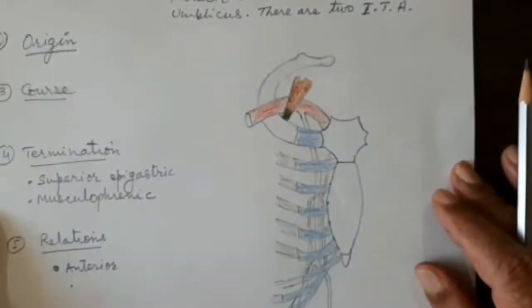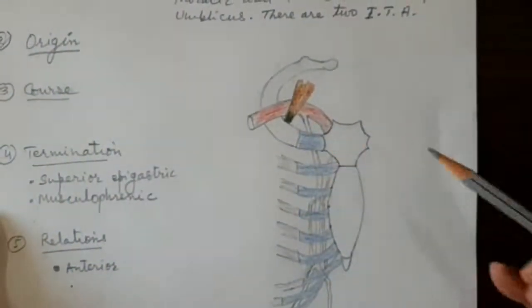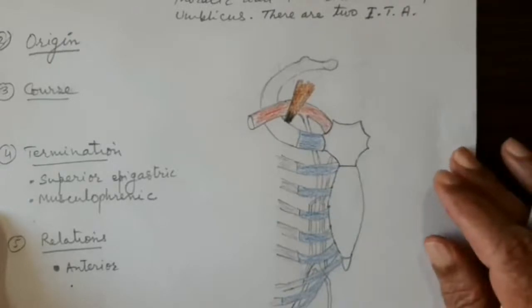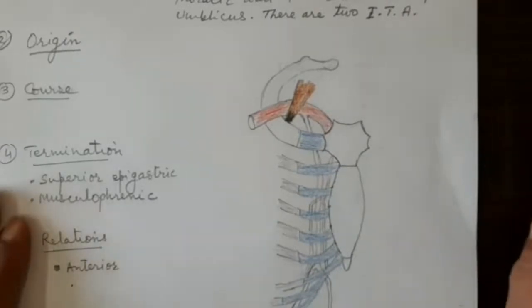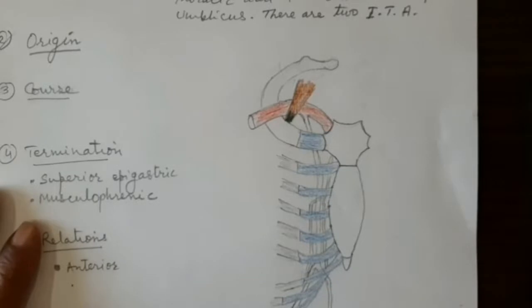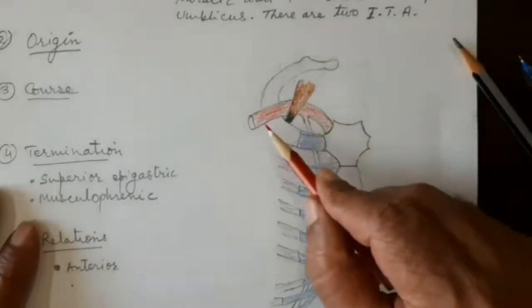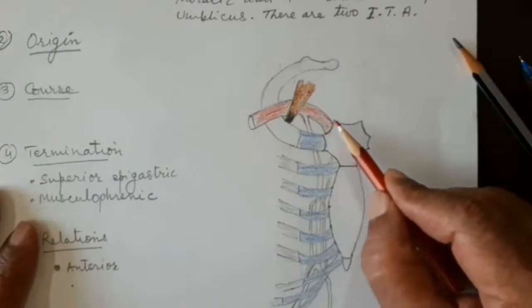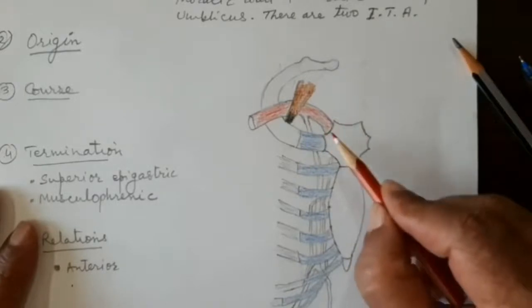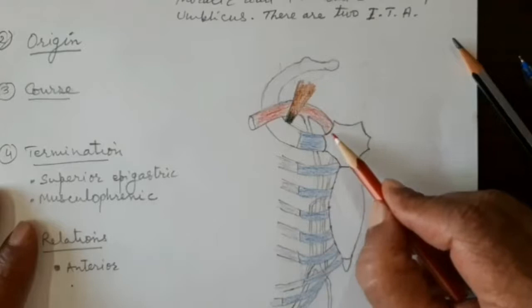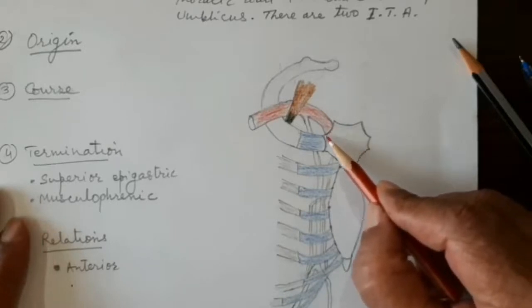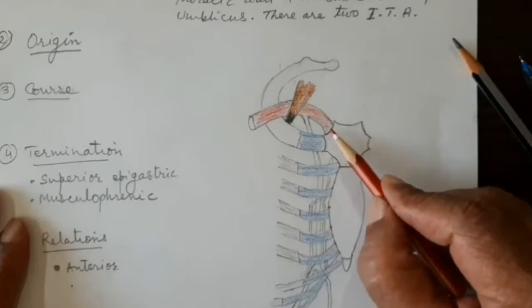The right or left internal thoracic artery arises from the first part of the subclavian artery. See this? This is the subclavian artery coming out deep to the clavicular notch of the sternum, deep to the sternoclavicular joint.